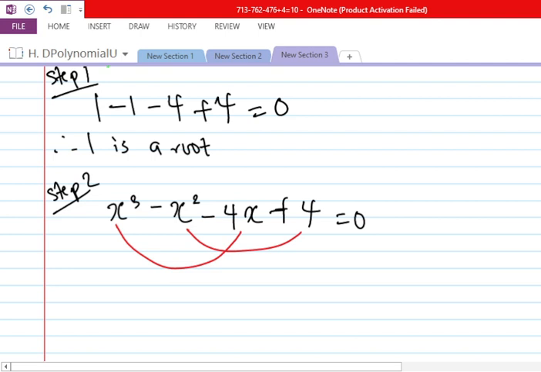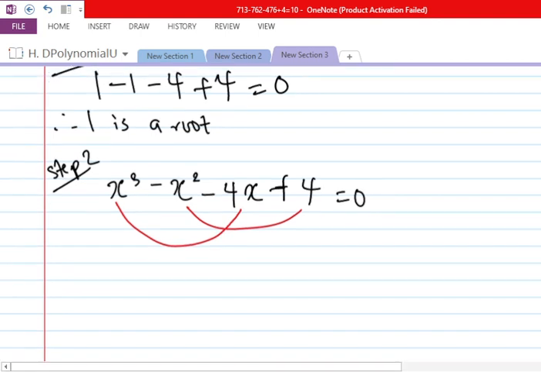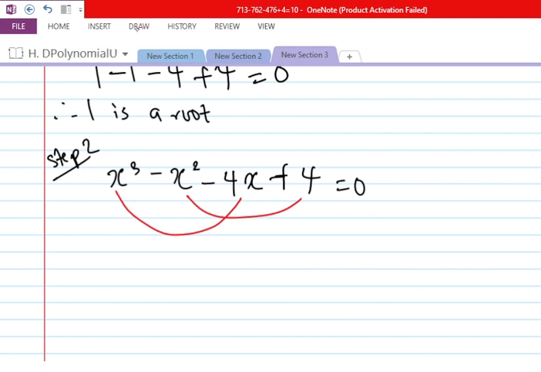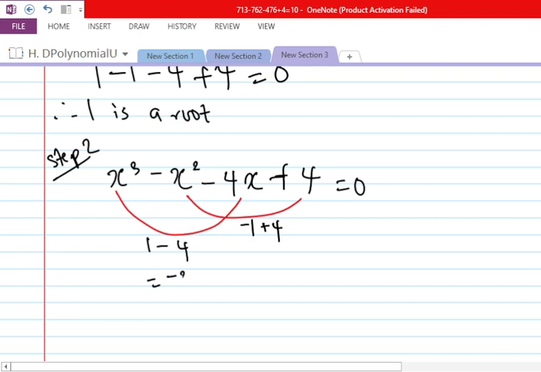So for the first one, we have 1 plus minus 4, which will give us 1 minus 4. And for the second, we have minus 1 plus 4. The answer to this will give us minus 3, and the answer to this will give us 3.